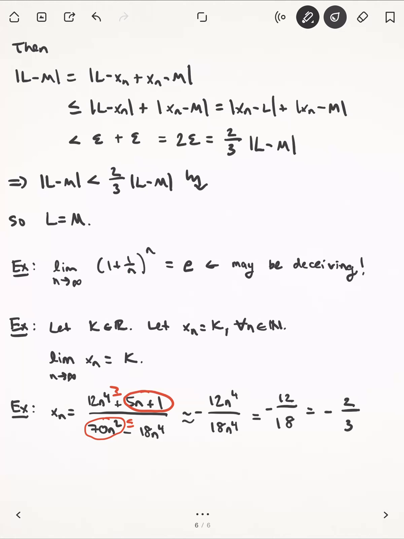And so whenever you have rational functions of this form, we can quite easily say that the limit as n goes to infinity of x sub n is equal to just minus 2/3. And so on the next page here, I'm going to write down some tips. So rational functions.